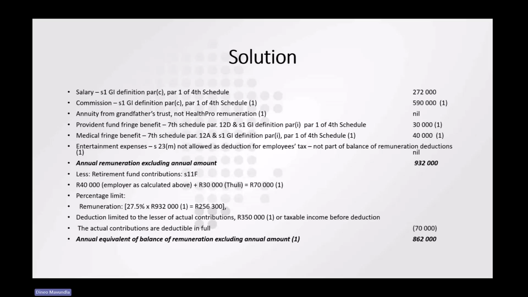So in this instance, we would say we are looking at only what the employer has paid. So we wouldn't have had any other amounts that the employer didn't know about.